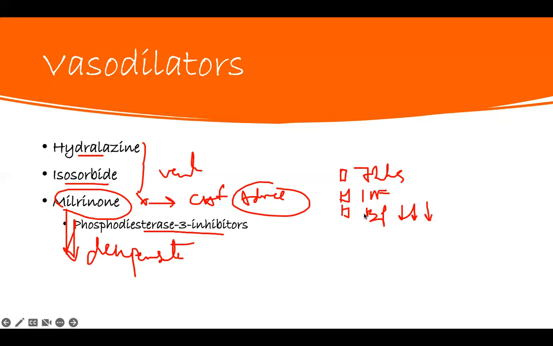So there are parameters you should know. If the blood pressure goes below 90, you've got to stop it. Or if the systolic blood pressure drops more than 20 to 30 points, that's not good. You need to stop the medication. So if they're on milrinone IV and the blood pressure is going down below 90, stop, or more than 20 systolic, you should stop.